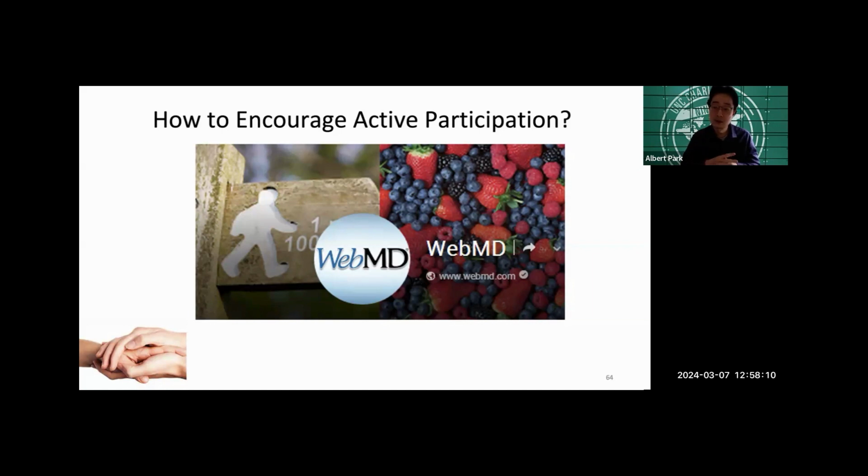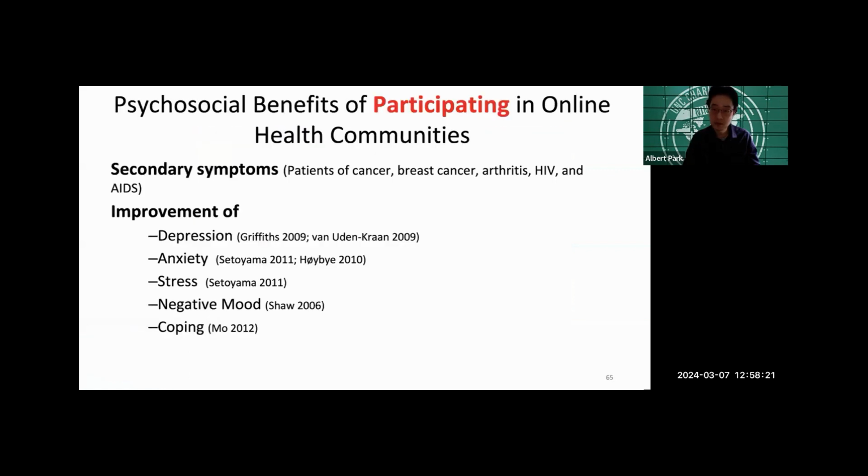However, long-term active participation is a known problem. Just to recap, there are many benefits of participating in online communities, but the keyword here is participation.